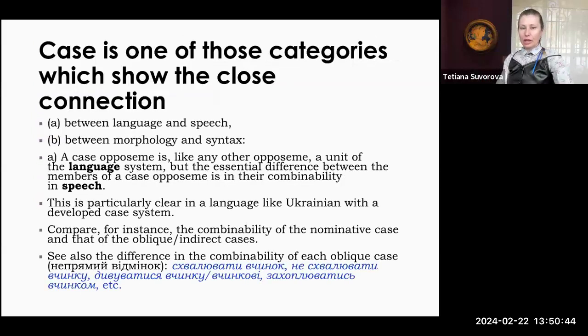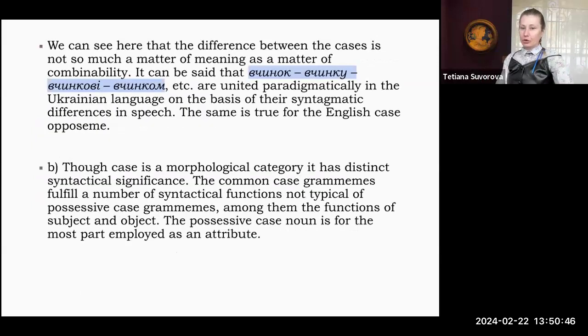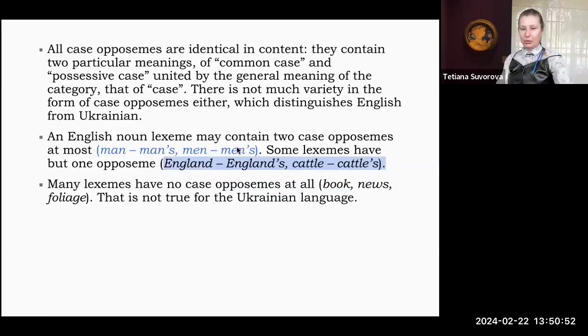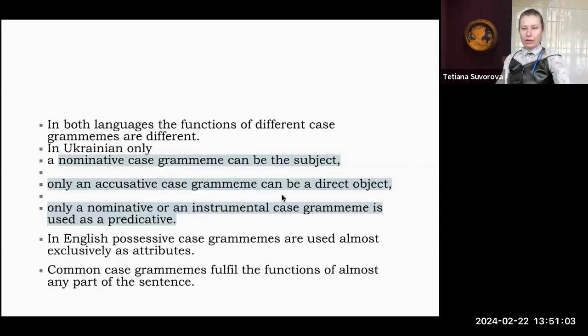And of course, nevertheless, in Ukrainian and in English, you will see this apostrophe S in English. We have it, and some nouns don't have it. They have just one form. The category of case is not relevant for them. And in Ukrainian, we can have different meanings like accusative, nominative, instrumental, and so on.